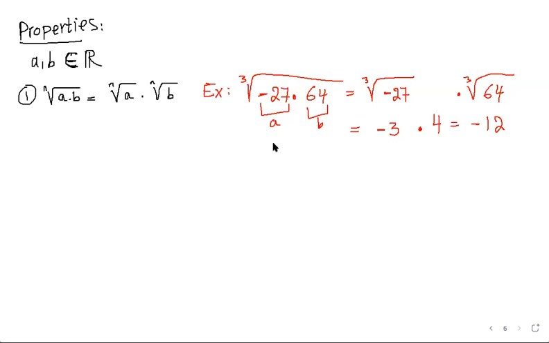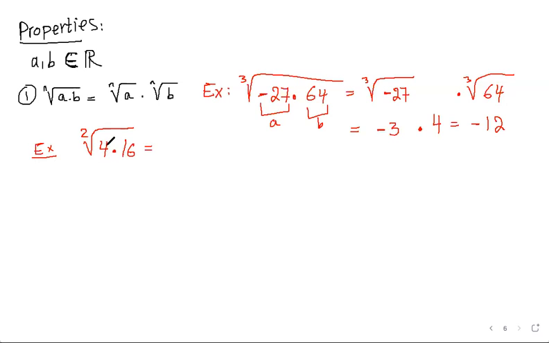Okay. Another example. What is the square root of 4 times 16?